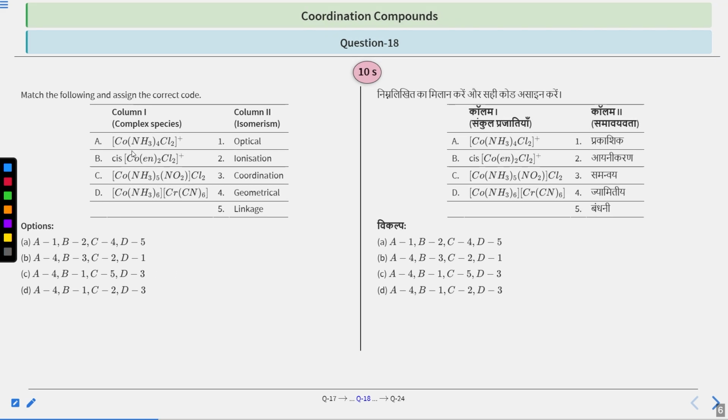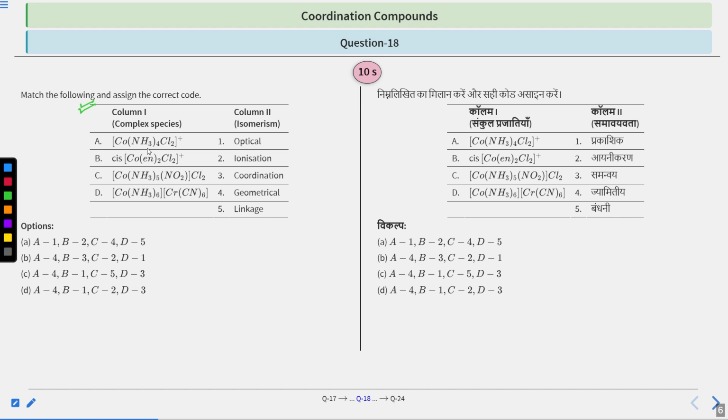Question number 18. Match the following and assign the correct code. We have a table here with two columns. Column 1 has complex species, and column 2 has isomerism related to the complex species.